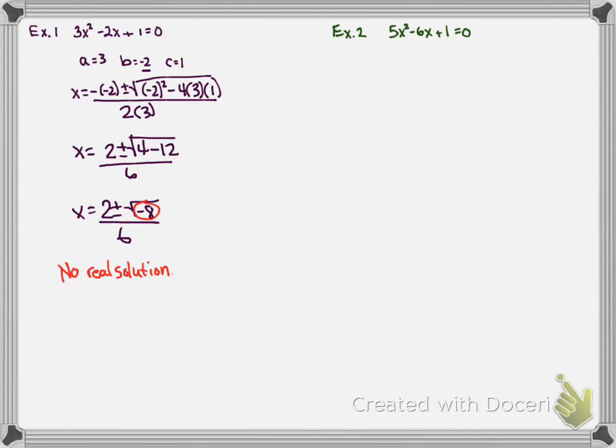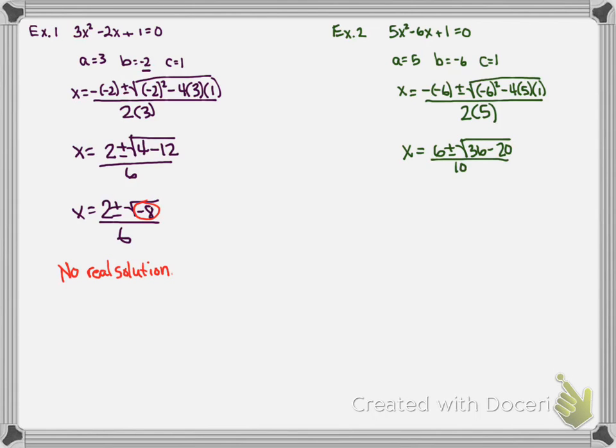A second example. 5x squared minus 6x plus 1 equals 0. a is 5, b is negative 6, c is 1. x is equal to the opposite of negative 6 plus or minus the square root of negative 6 squared minus 4 times 5 times 1 all over 2 times 5.